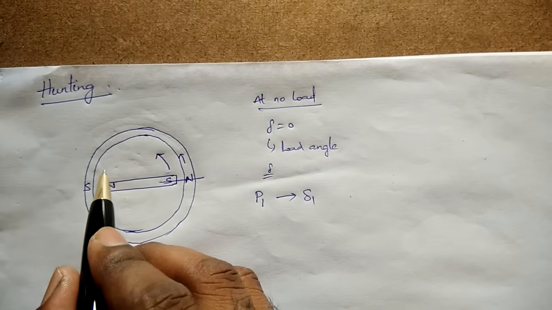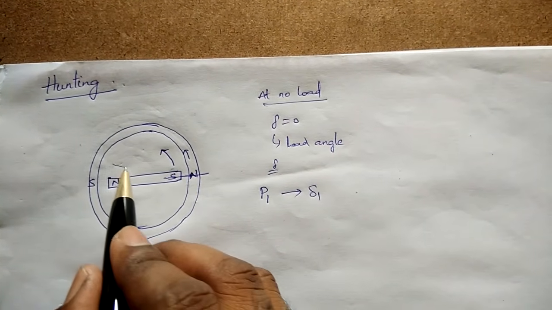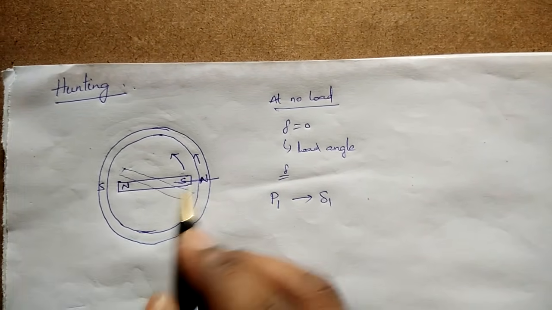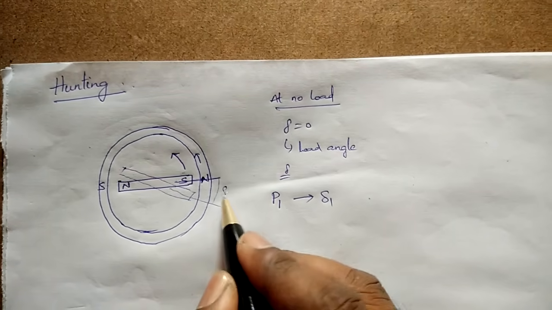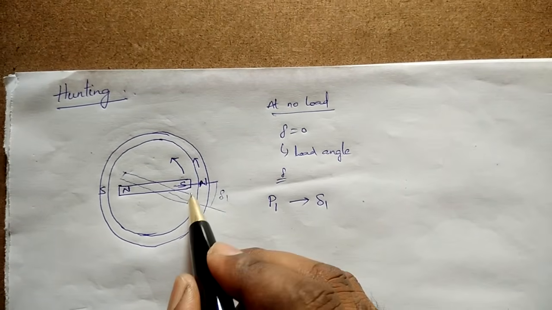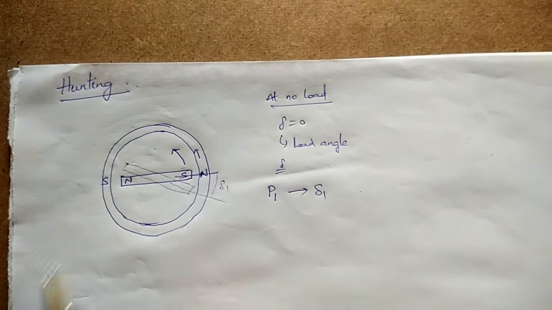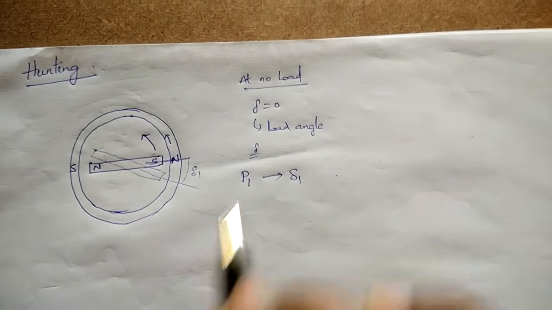If N and S are here, the rotor shifts its position like this. This is the rotor axis, so the angle will be delta 1 and delta 1 will be maintained. Both will again rotate at synchronous speed, understand?